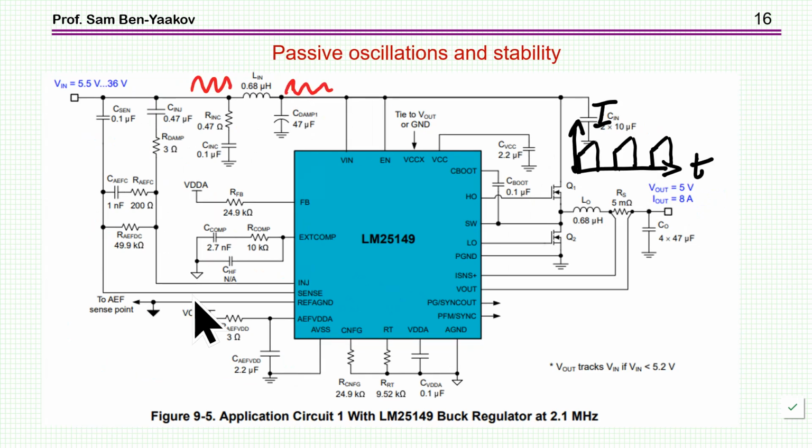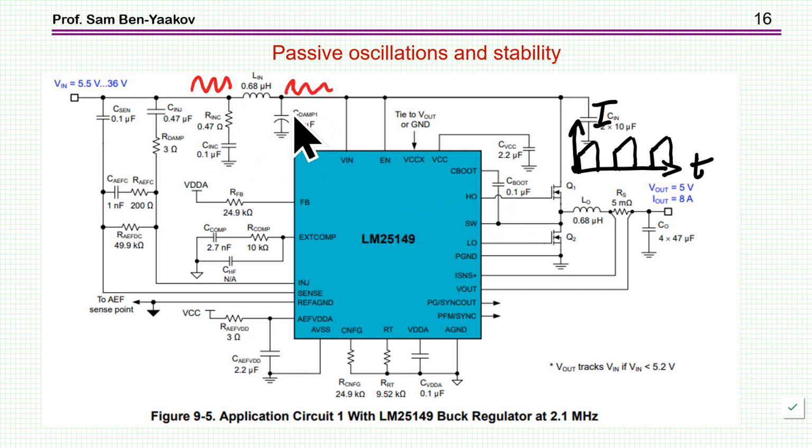Now, there are a number of problems with this circuit in general, and I'm going to go over at least two of them. One is oscillation, passive oscillation. If you inject a current here into this bus, and if these impedances are of low damping, that is, if you have just capacitors, an inductor, and another capacitor, this circuit will oscillate because of passive oscillation.